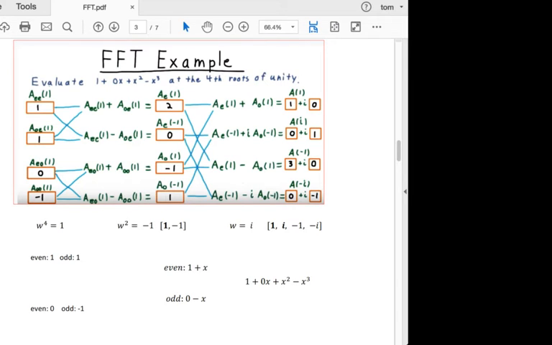So we can recall the formula. The formula is like the previous: the even one plus omega multiplied by the odd one, and the second is the even minus omega multiplied by the odd. So what is omega?